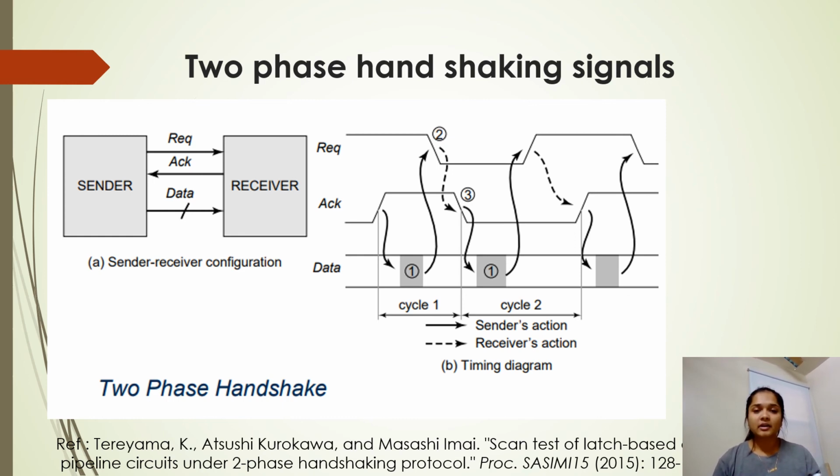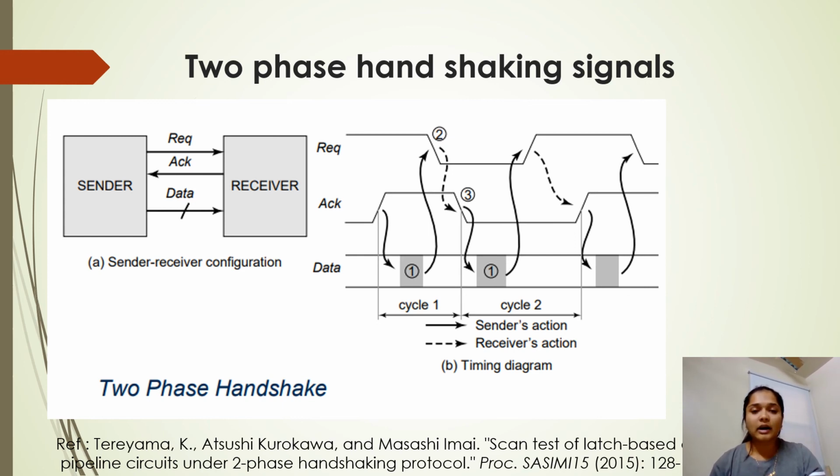The other diagram is a timing diagram for sender and receiver's actions. In that, the dotted line shows receiver actions and the constant line shows sender actions.